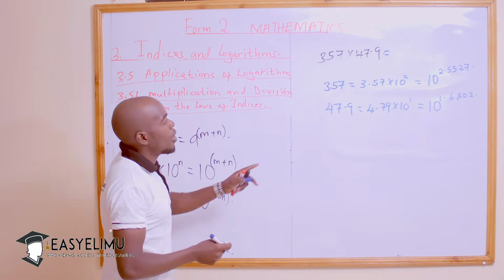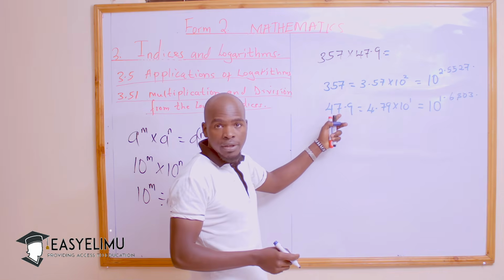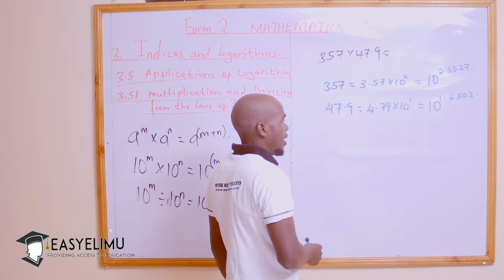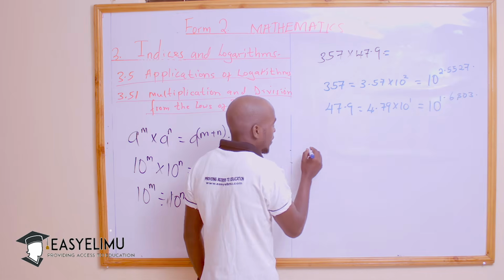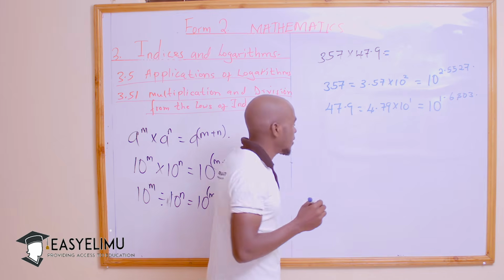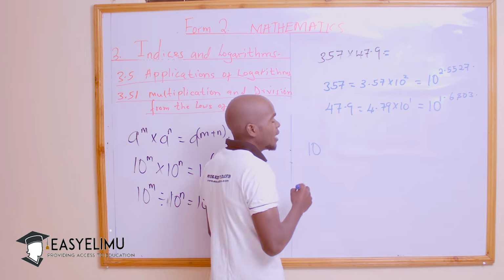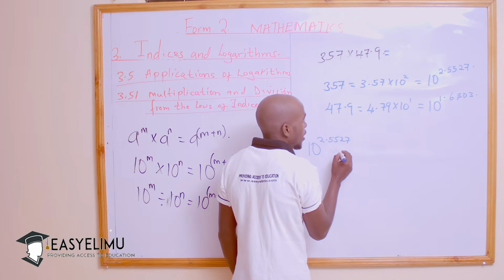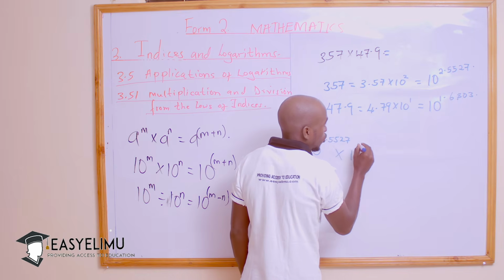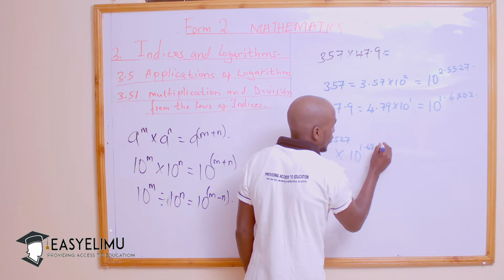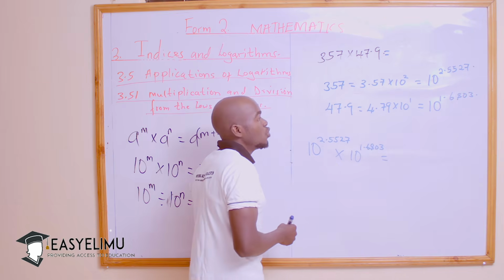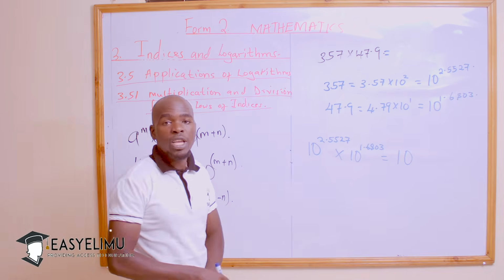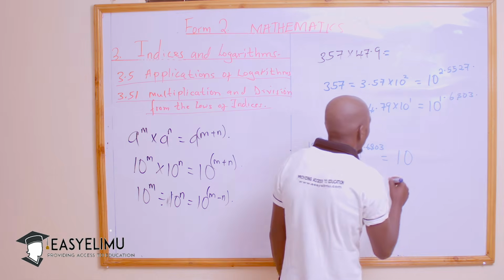So having these numbers here, it's the same as taking this number multiplied by the other number. Since we have created the same base, we can have 10 raised to 2.5527 multiplied by 10 raised to 1.6803, which is equal to 10 raised to 2.5527 plus 1.6803, since it is the same base and a multiplication sign.